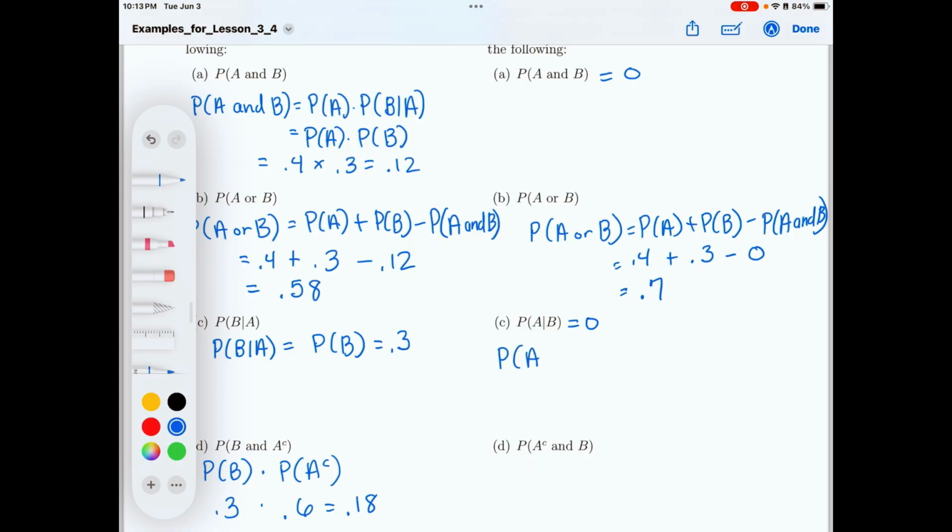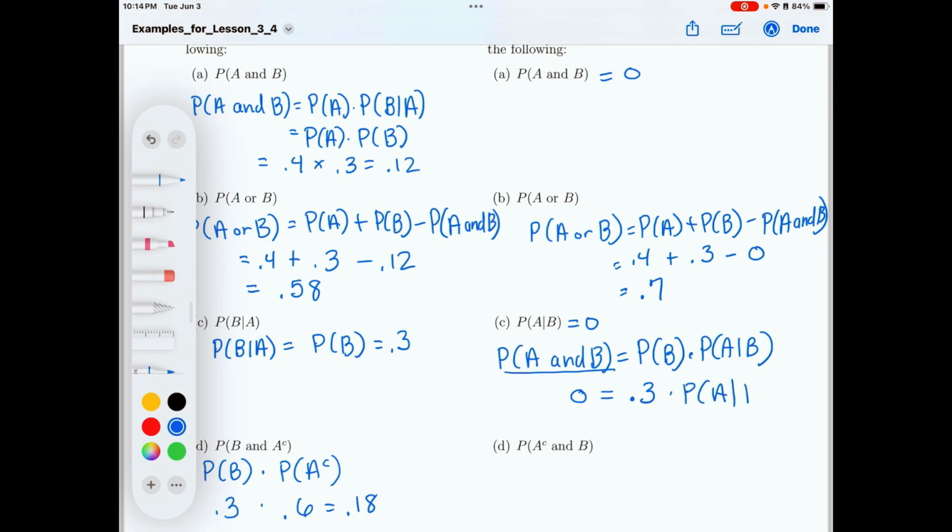If you want to look at it in terms of the formula, remember the formula for A and B, we can write it with the letters reversed, where I have the probability of B times the probability of A given B. Because A and B are mutually exclusive, we know that the probability of A and B is 0.